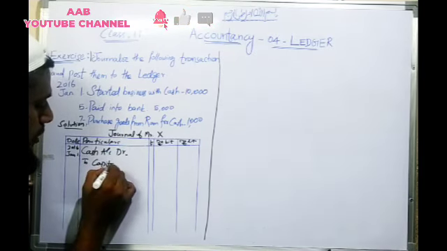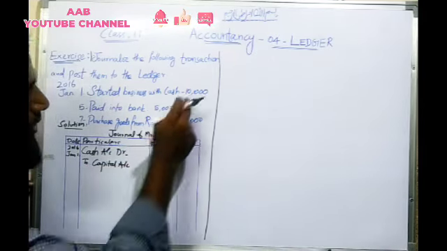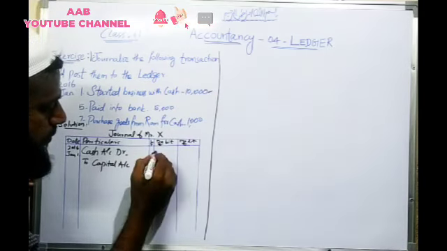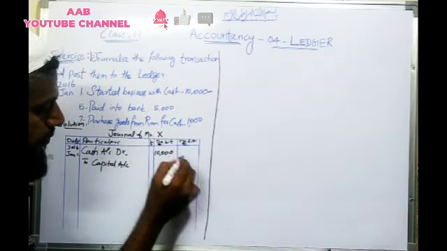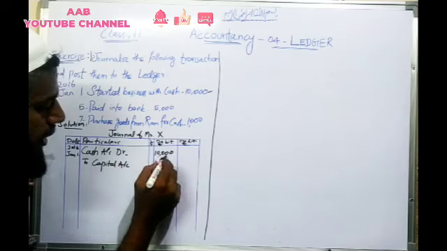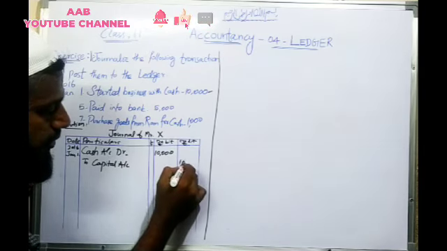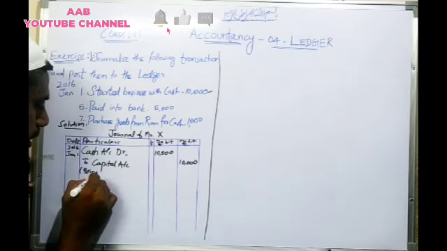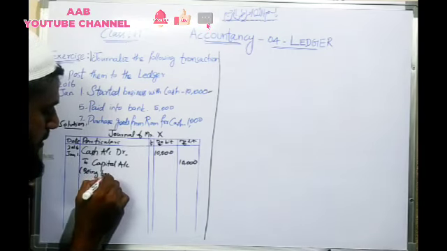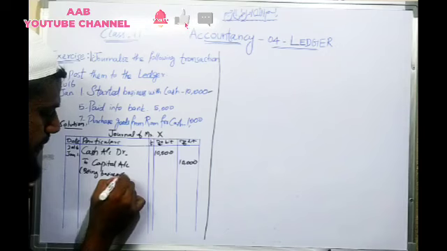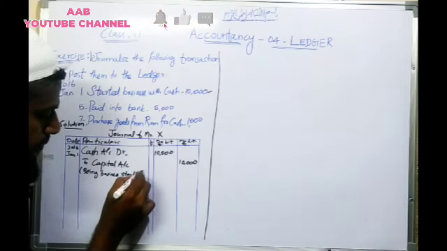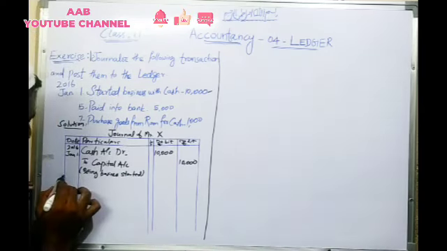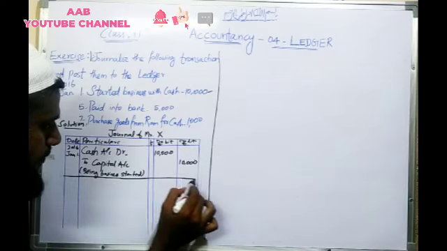How much? 10,000 rupees. In the debit account 10,000 rupees, in the credit account 10,000 rupees. The narration is: being business started. So one transaction is done.